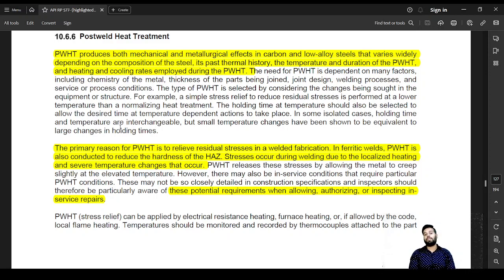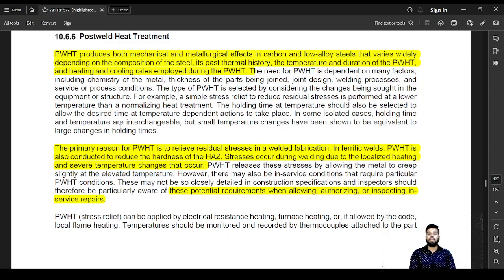The primary reason for post-weld heat treatment is to relieve residual stresses in the welded fabrication. In ferritic welds, post-weld heat treatment is also conducted to reduce the hardness of the heat affected zone. Stresses occur during welding due to localized heating and the severe temperature changes that occur. Post-weld heat treatment releases stresses by allowing the metal to creep slightly at the elevated temperature.